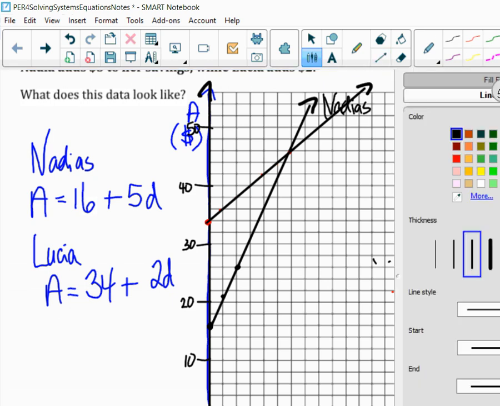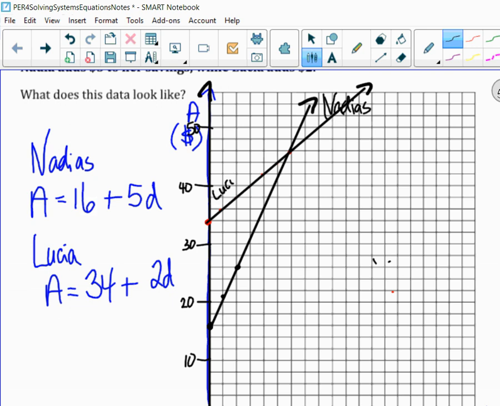So there is Lucia's. And there is where they intersect. So can anybody tell me how long it'll take before they have the same amount? 6 days?